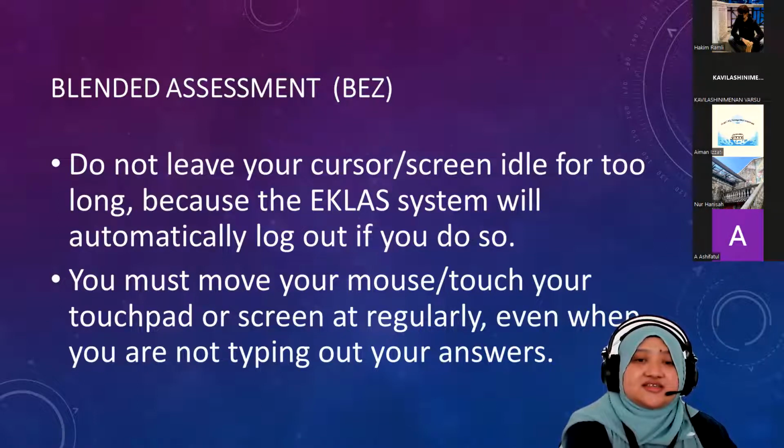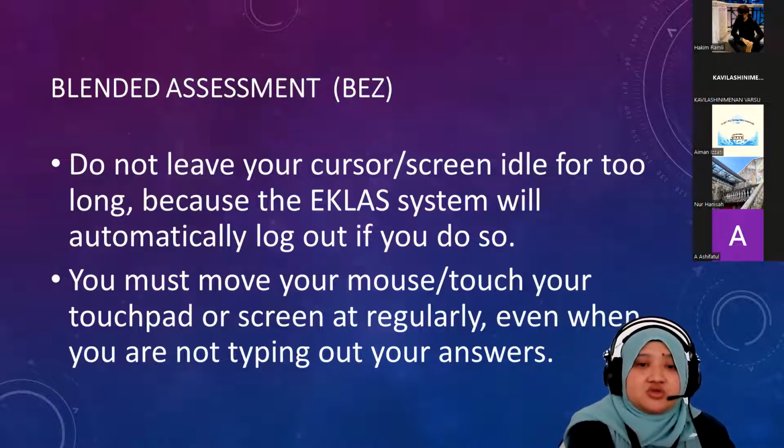And just casually or regularly touch your mouse or the touchpad or the screen, even when you are not typing out your answers. So just make sure that you are not idle.